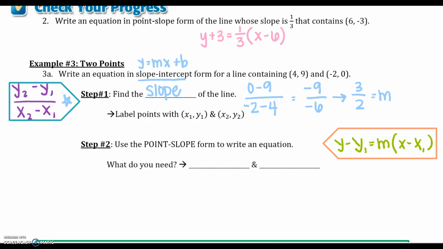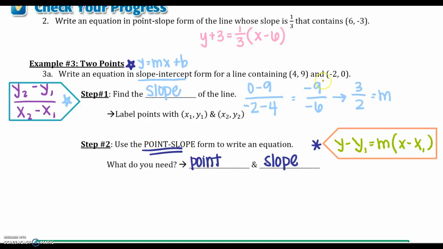All right, and then I'm going to use point slope. This is a new way of doing it possibly. So I'm going to use point slope, and then I'm going to simplify it to get it to slope-intercept form. I'll show you a way that you may have been doing it before. So I first need a point, and I need my slope to use, notice, point slope form.